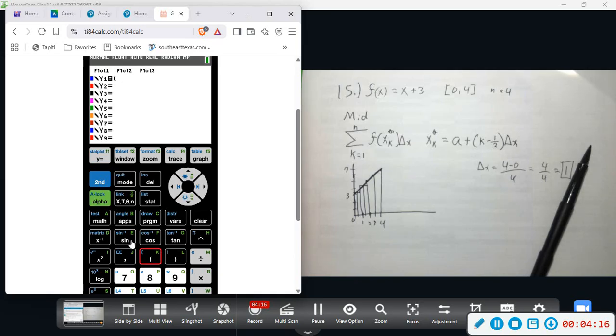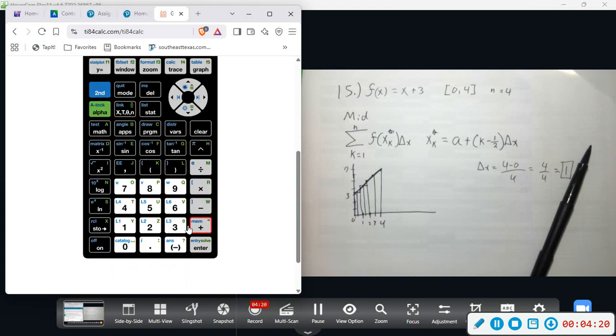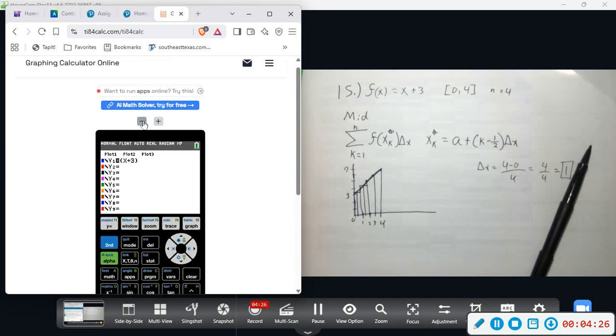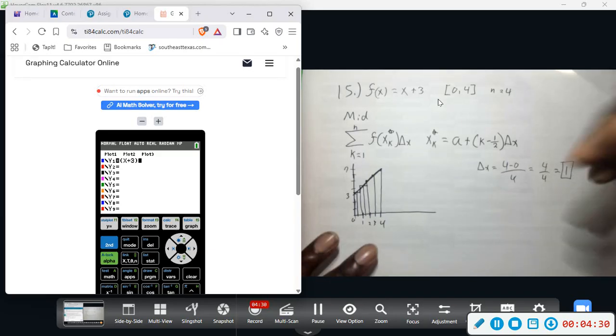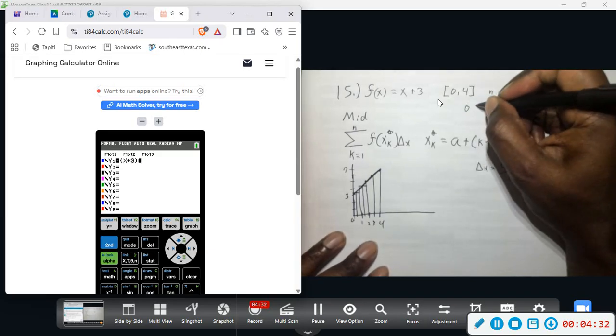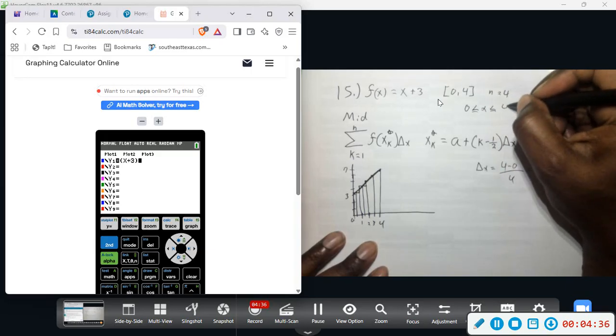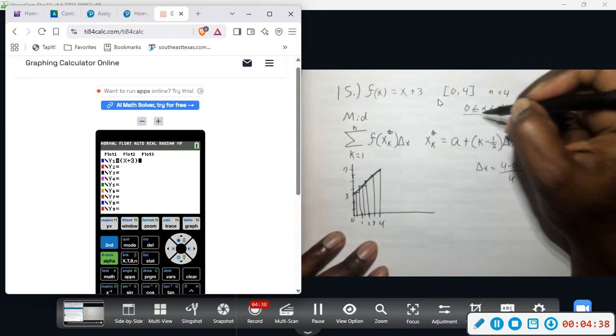x plus 3. Okay. We're going to apply the restriction from 0 to 4. So remember, normally we have 0 less than x less than or equal to 4. We're going to do one piece at a time.